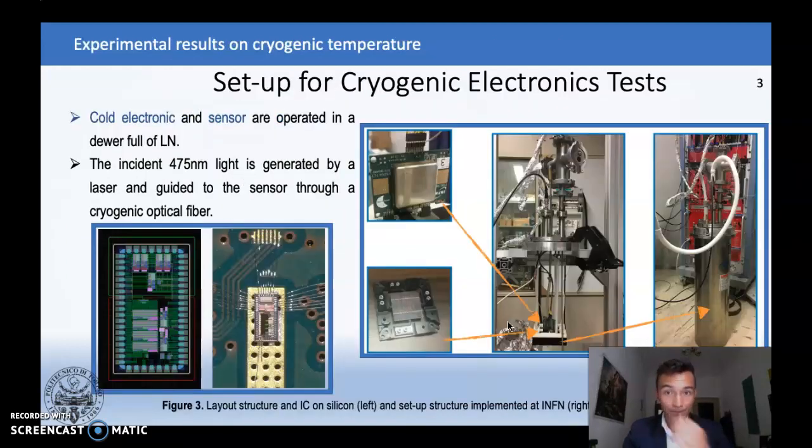The setup that was carried out in order to test the cryogenic electronics is described in this figure. Here, the board that contains the integrated circuit plus the sensor are together inserted in the dewar full of liquid nitrogen. Additionally, an optical fiber is inserted in order to provide the photoelectrons inside the dewar.